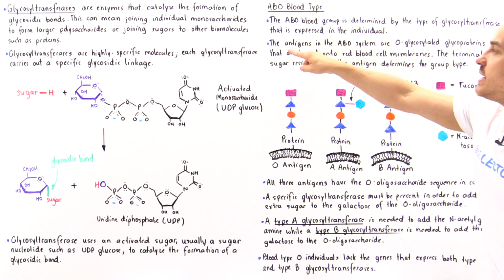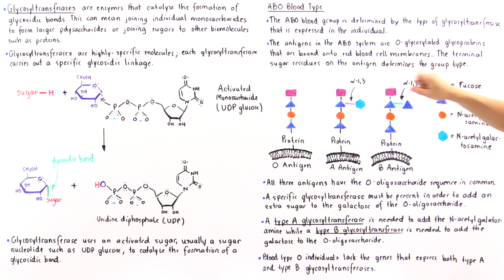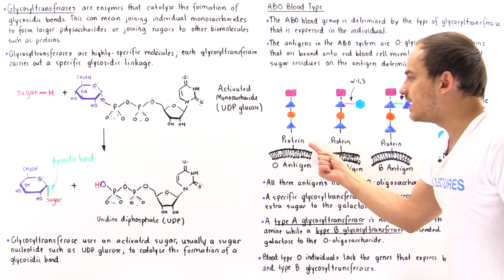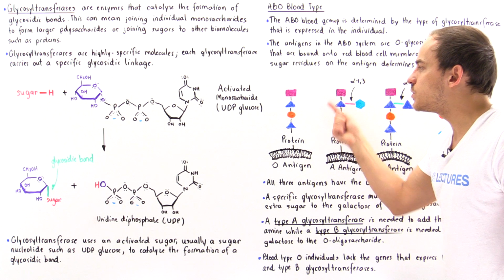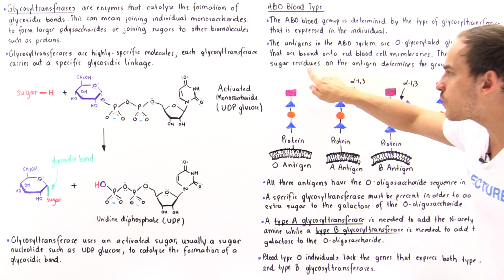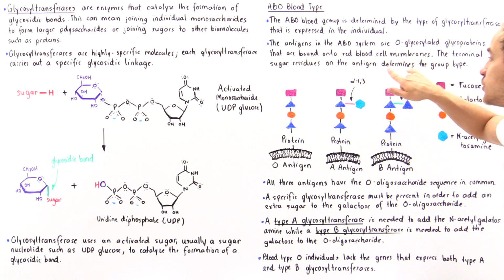So we see that the antigens in the ABO system are O-glycosylated glycoproteins, and what that means is not only do we have the protein on the antigen, we also have this oligosaccharide as shown in this diagram. Now, it turns out that the terminal sugar residues on the antigen determines the type of blood group, as we discussed just a moment ago.